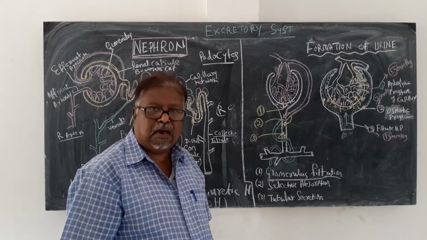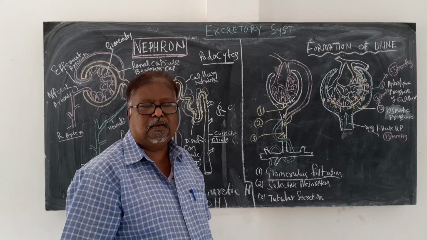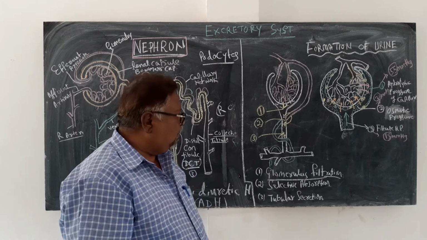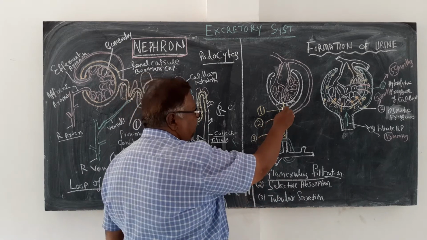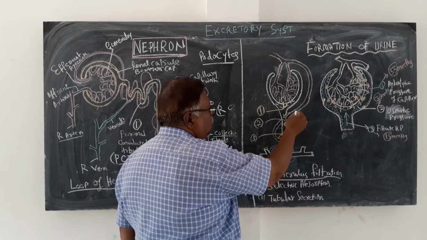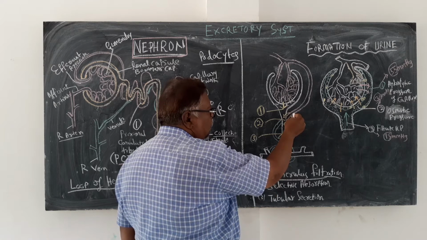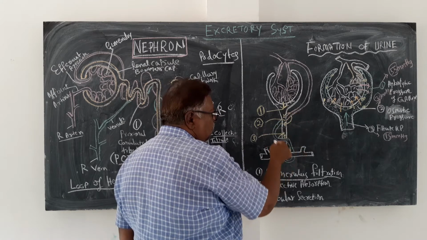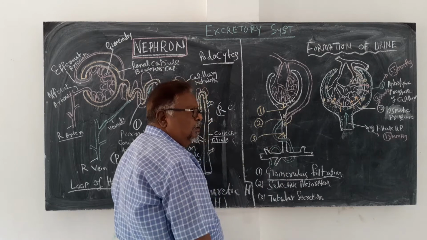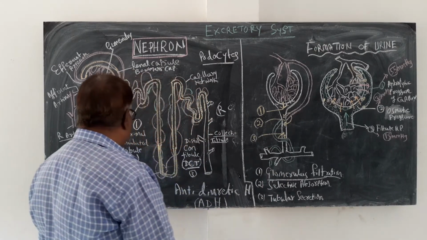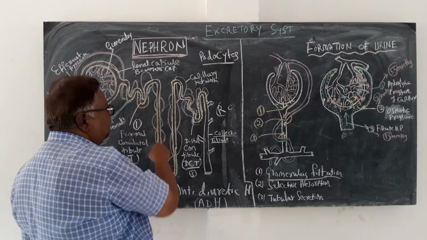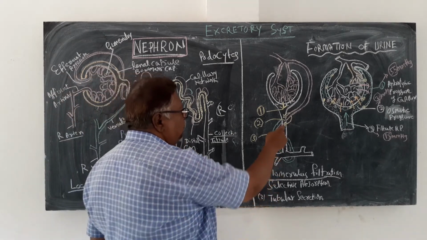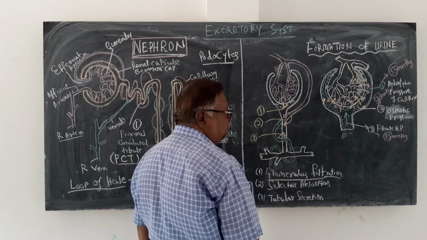Now, in the second process, the materials which are necessary for the blood or for the body purposes will be absorbed from this filtrate. The filtrate moves like this. Here, on the PCT and DCT, the capillary network absorbs the necessary materials.